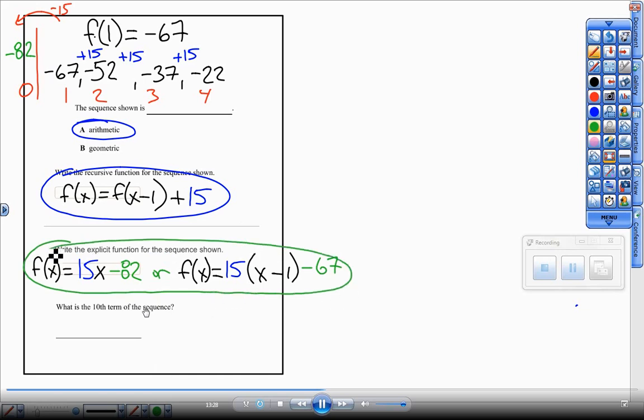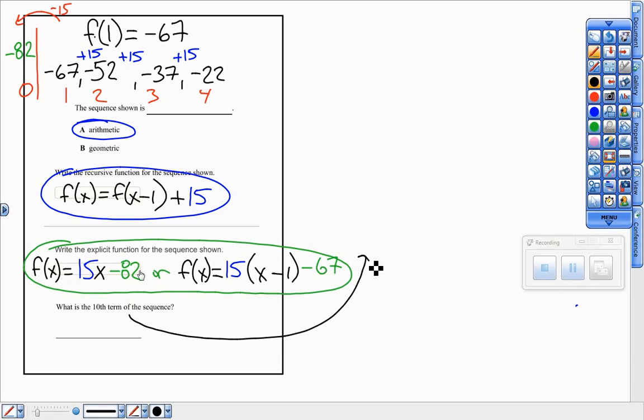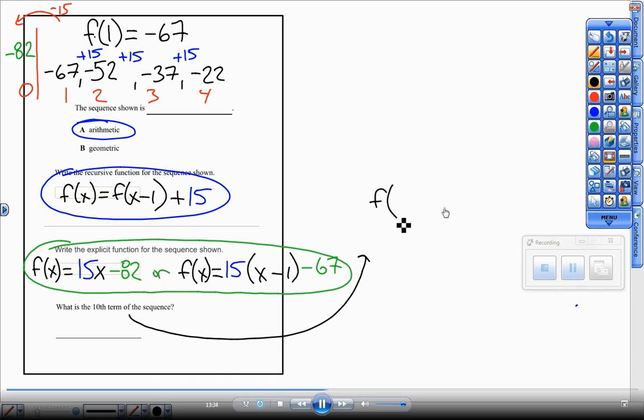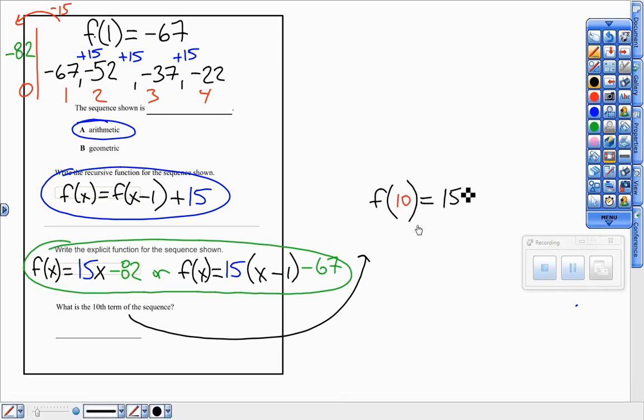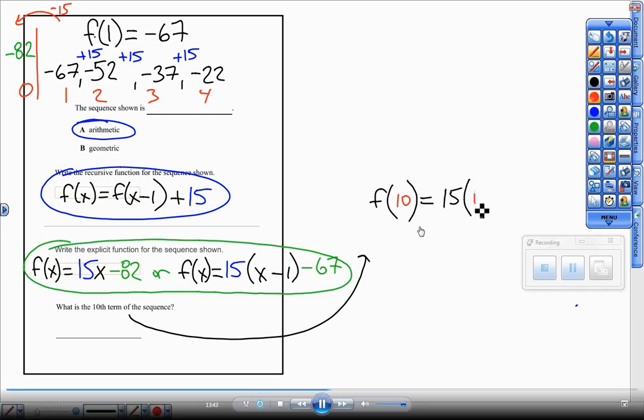The 10th term, I'm going to use this top one here. So if I evaluate this function at the 10th term, that will equal 15 times 10. Subtract that 82.